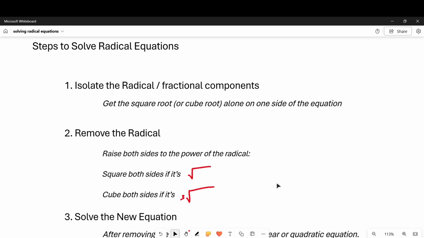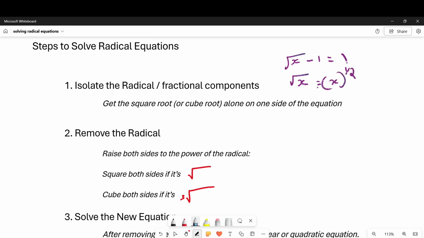The first step is to isolate the radical. Root x minus 1 is equal to 2 is an example of a radical equation. On the left hand side, root x is there and minus 1 is also there. Isolate means make the root term, the square root term, stand alone.